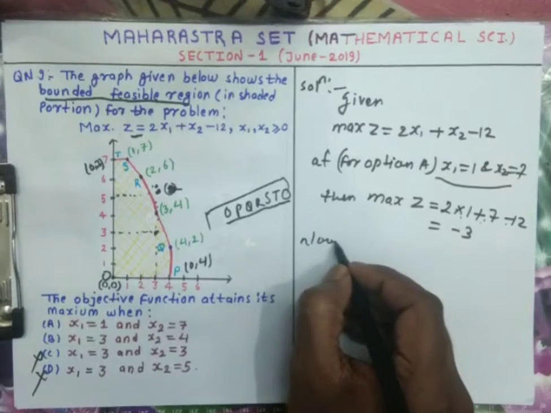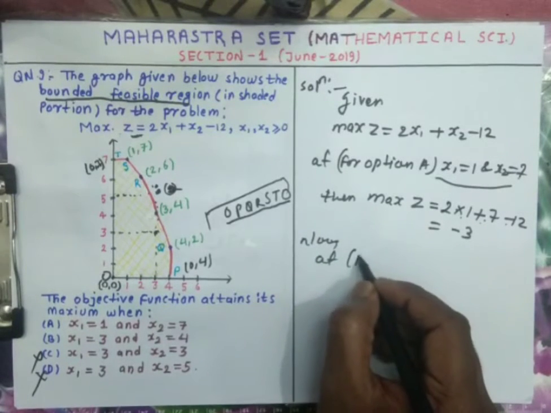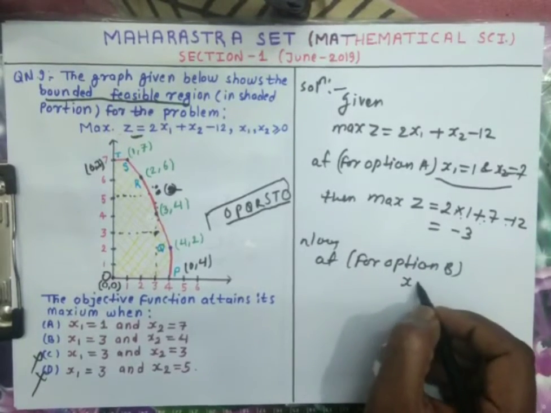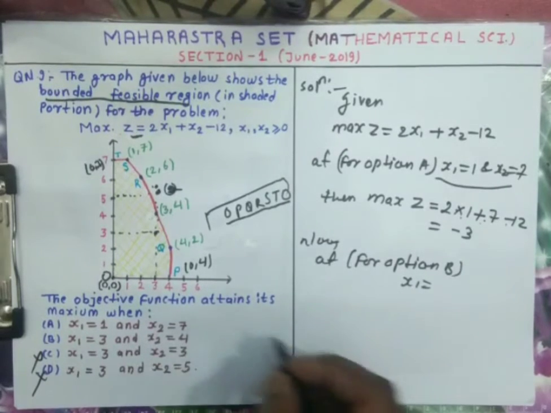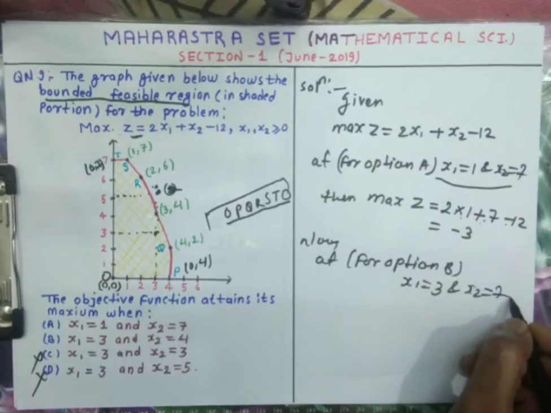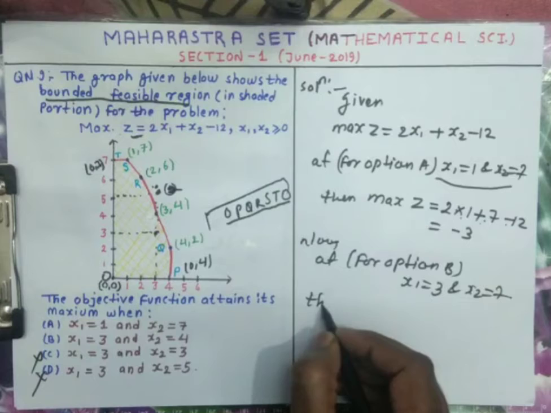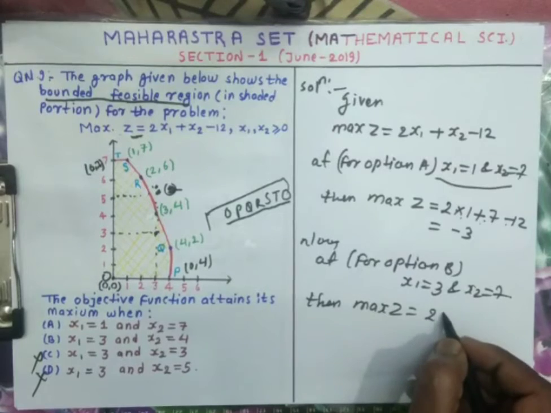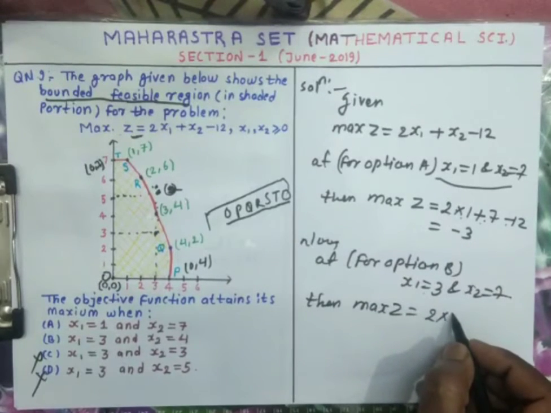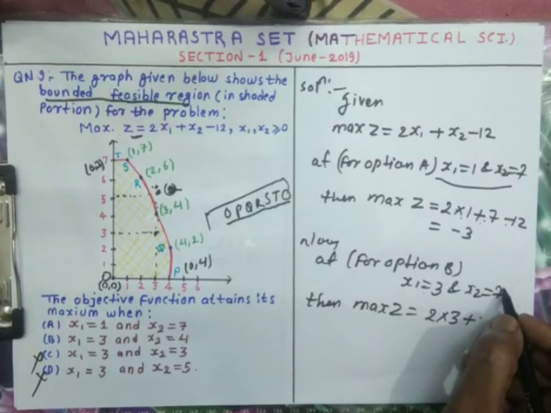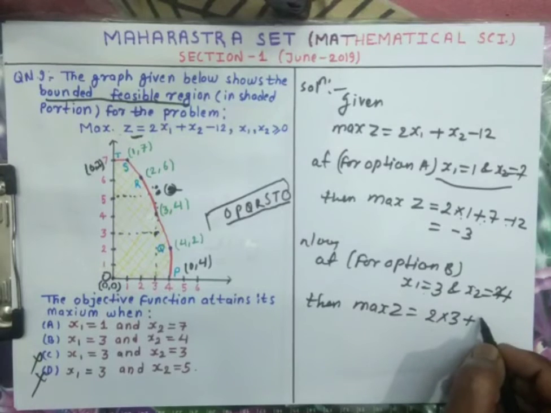Now for option B, x1 is 3 and x2 is 4. Then z equals 2 into 3 plus 4 minus 12.